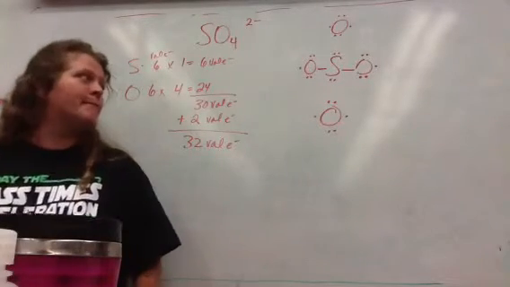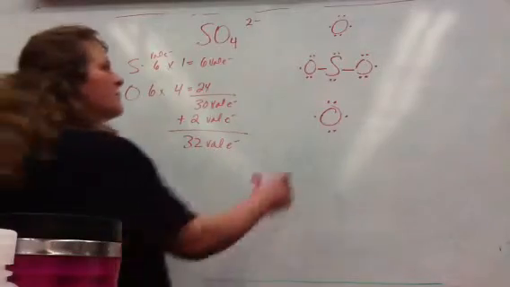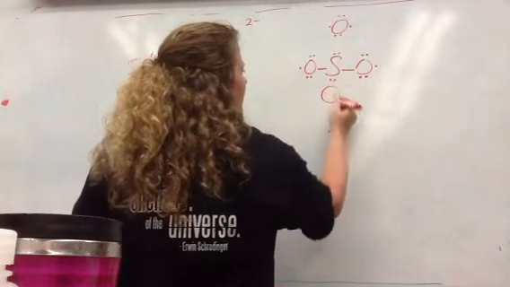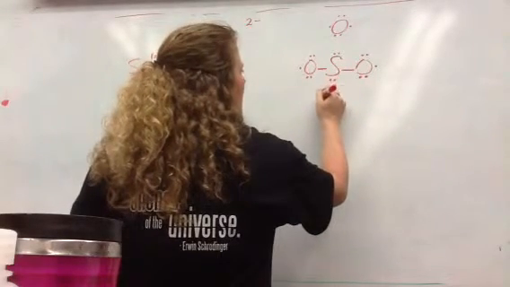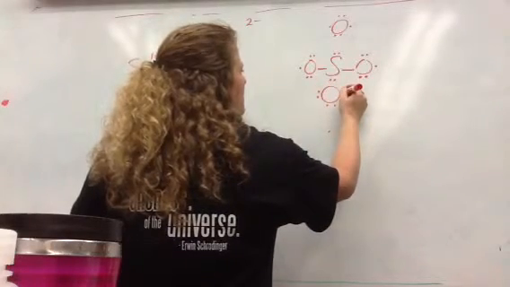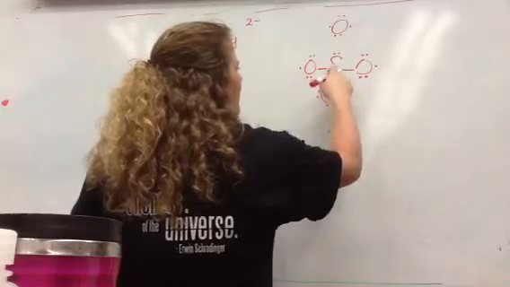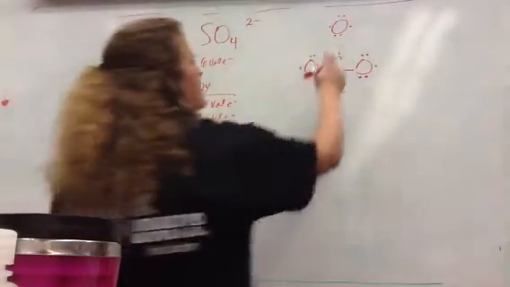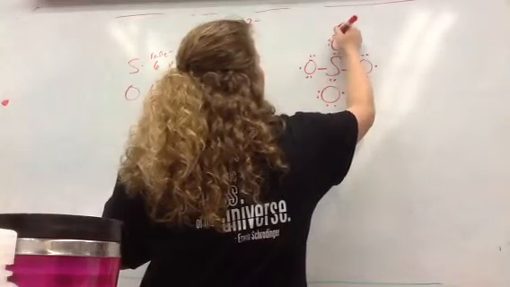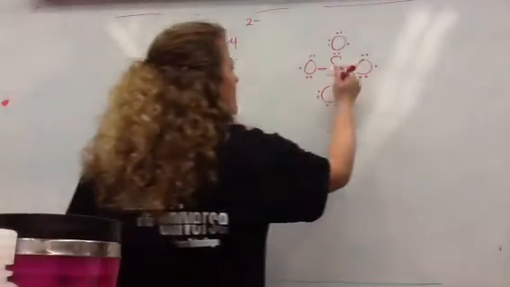Erase that double bond. So what will end up happening is we will end up with oxygen sharing a pair there. Oxygen still has, let's see, 2, 4, 5, and it's sharing there. It's still got 5 of its own that it's not sharing. Okay, so these are single bonded.